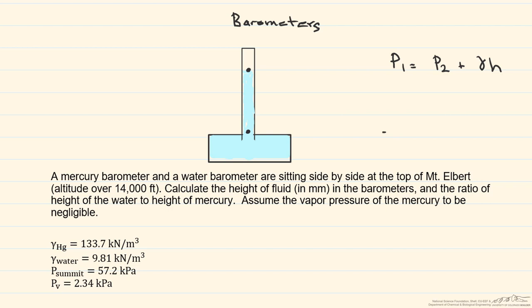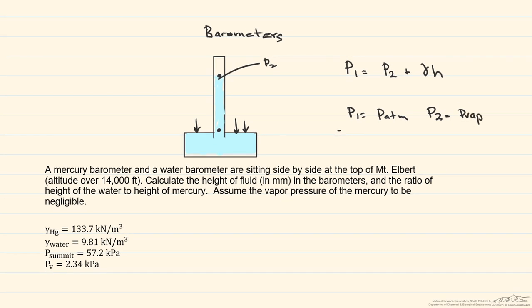Our P1 is atmospheric pressure, which is right here at that dot, and P2 is the pressure at the top of the tube. So P1 is equal to P atmosphere, and P2 is going to be equal to the vapor pressure of the fluid in the barometer.